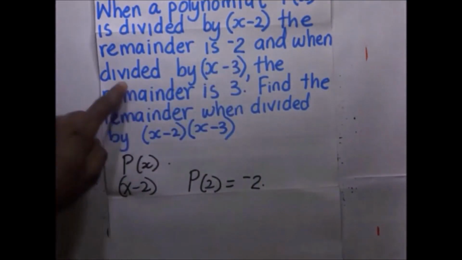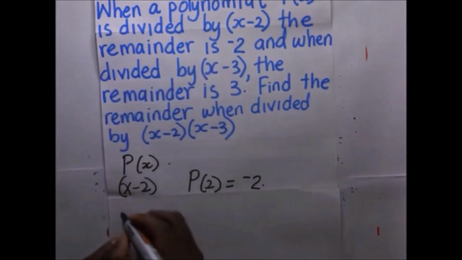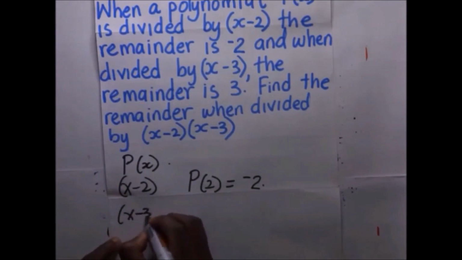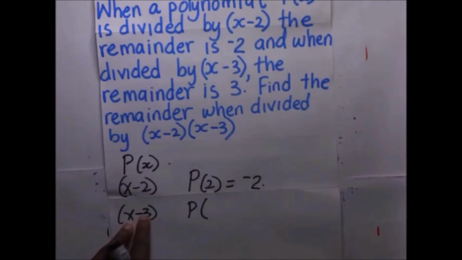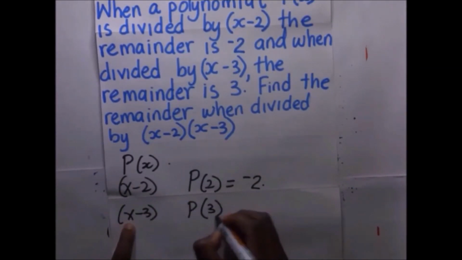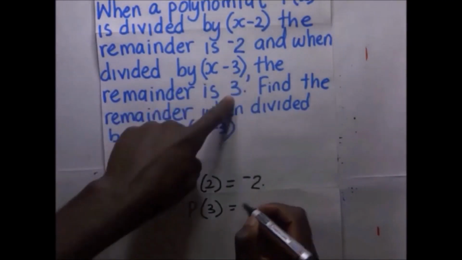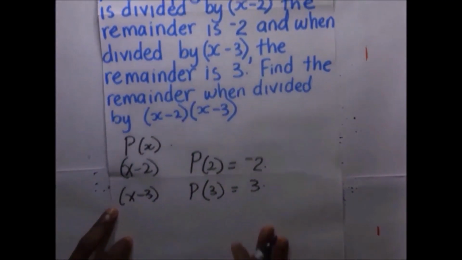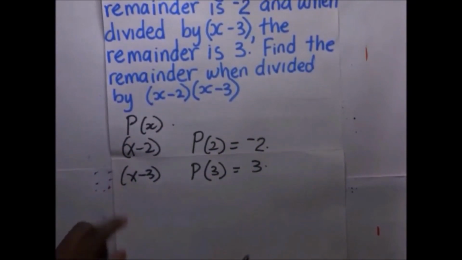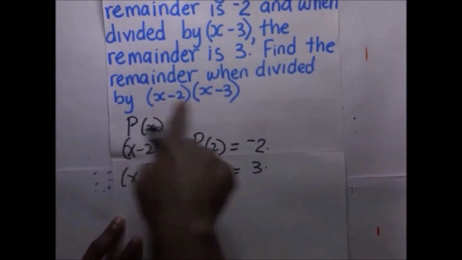And when it is divided by x minus 3, it means when the value of x is 3, the remainder is 3. So they're asking us to find the remainder when it is divided by that.